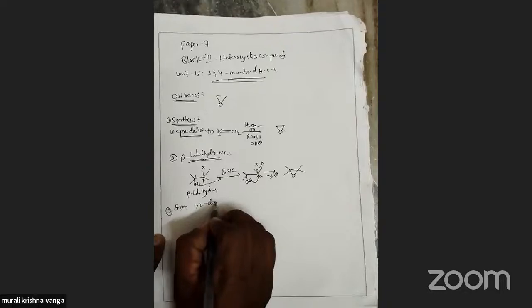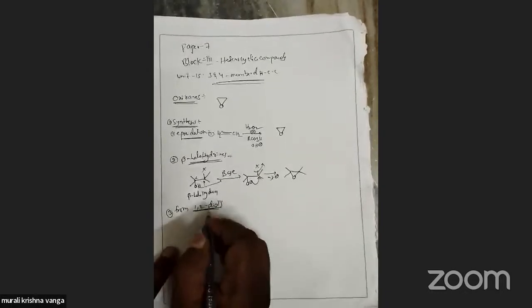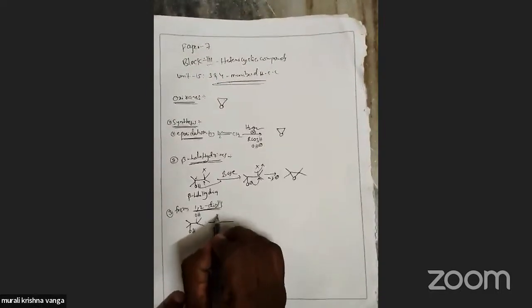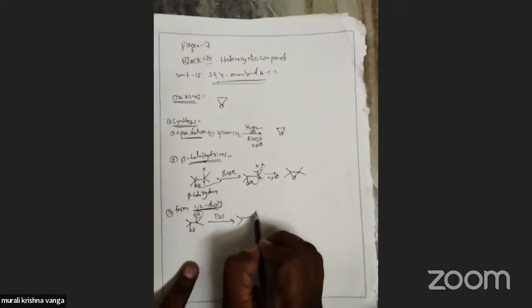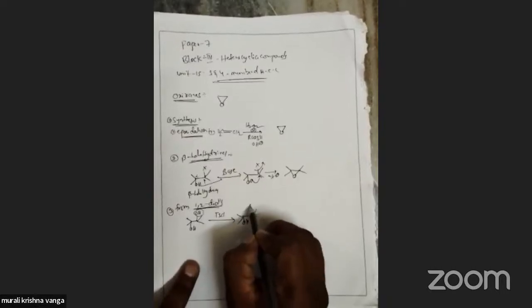The third one is from 1,2-diols. When a 1,2-diol first reacts with one mole of tosyl chloride, one of the hydroxy groups undergoes tosylation.